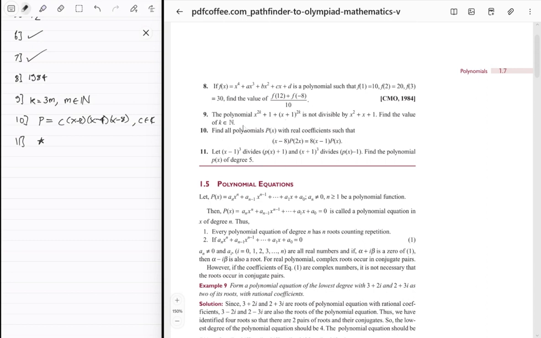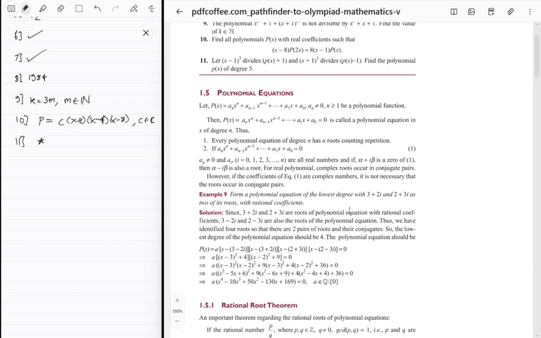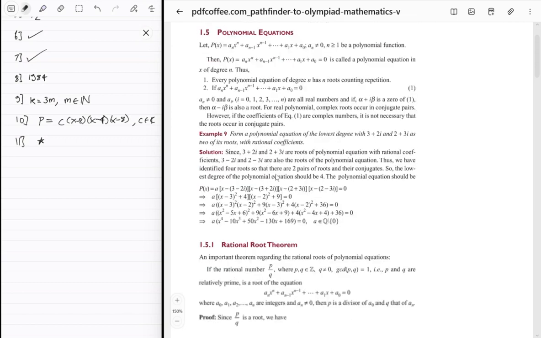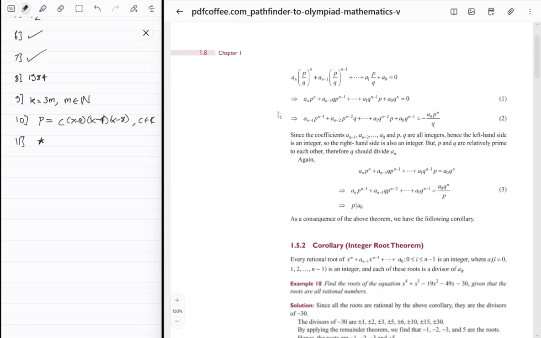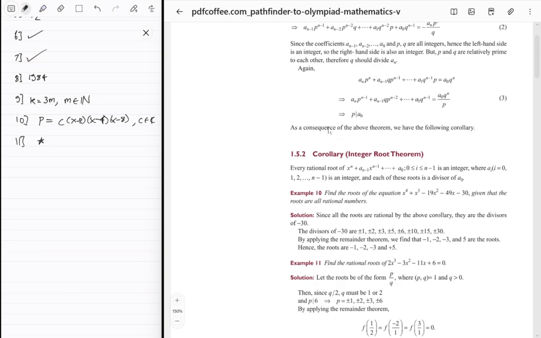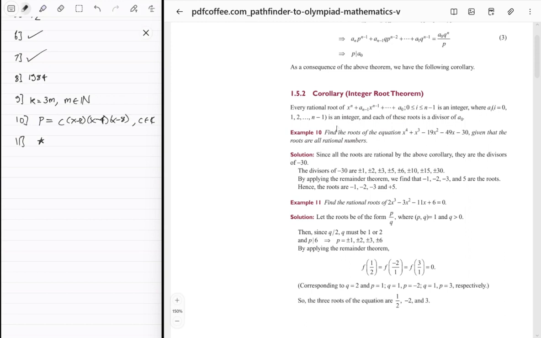Okay, polynomial equations. Rational root theorem, also called the integer root theorem. Every rational root of this thing is an integer.